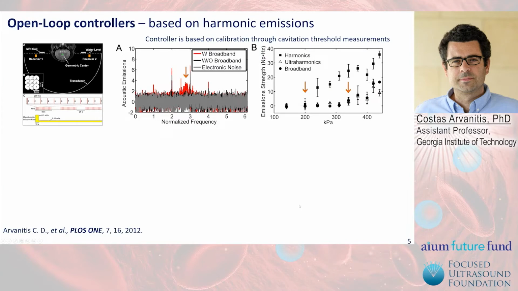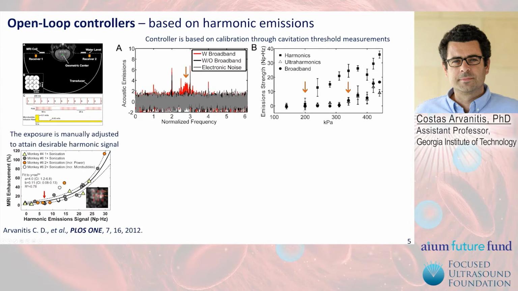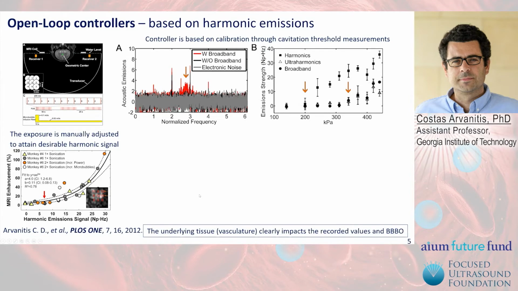One of these approaches uses the harmonic emissions to titrate the exposure by attaining prescribed harmonic emissions based on cavitation threshold measurements. So using this threshold approach and manually adjusting the exposure to attain harmonic signal above 6 nm per hertz, this approach was able to provide evidence that it is possible to deliberately attain uniform blood-brain barrier opening.